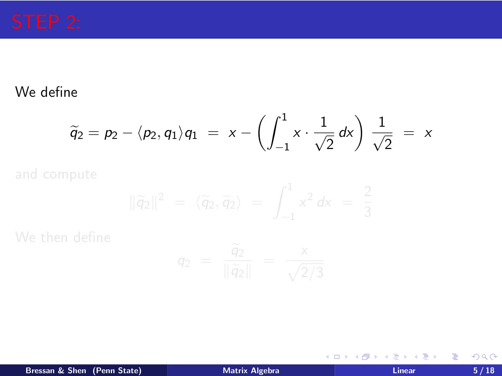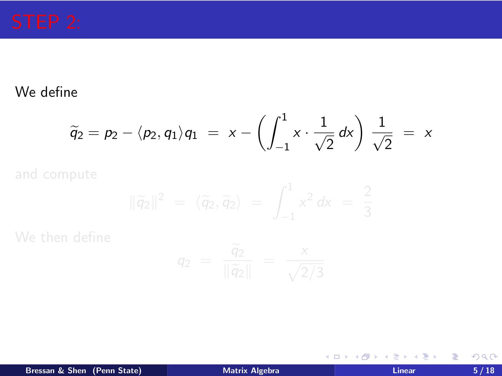Okay, step 2. The first step in step 2 is to compute Q2 tilde, which equals P2 minus the perpendicular projection of P2 onto the space formed by the span of Q1. So this is the formula. Now let's plug in.